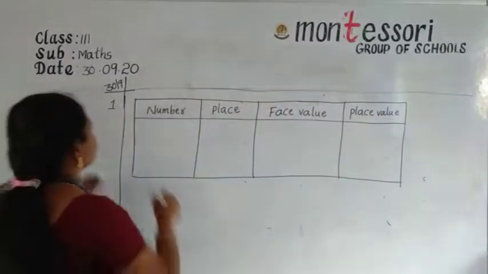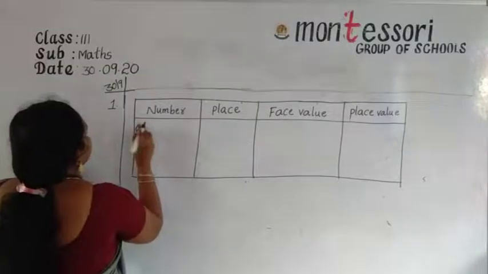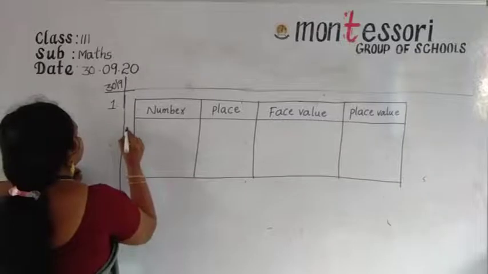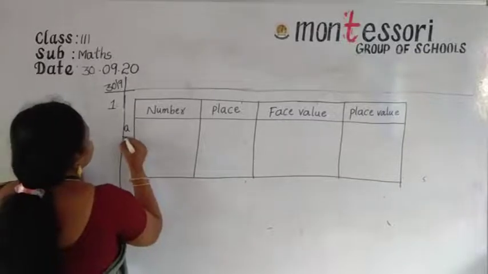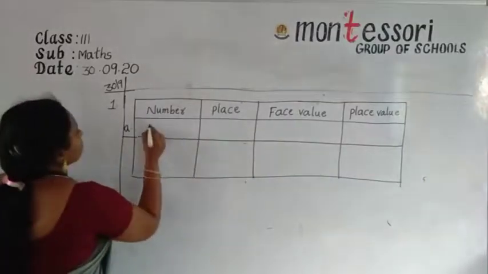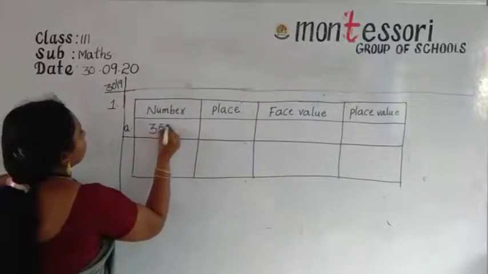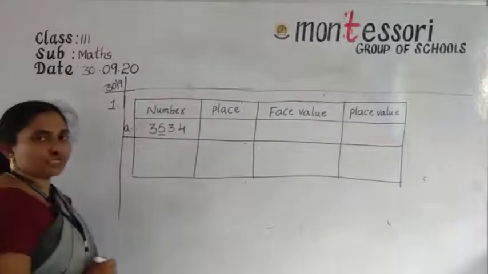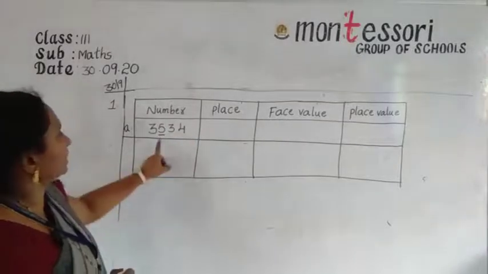Okay. Now here, A bit, 5. Now underline 5. What is the place?